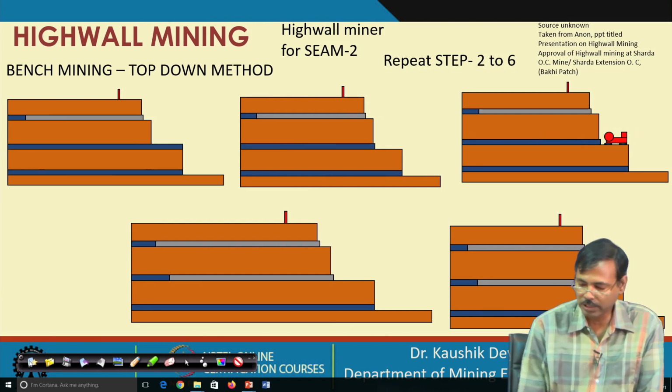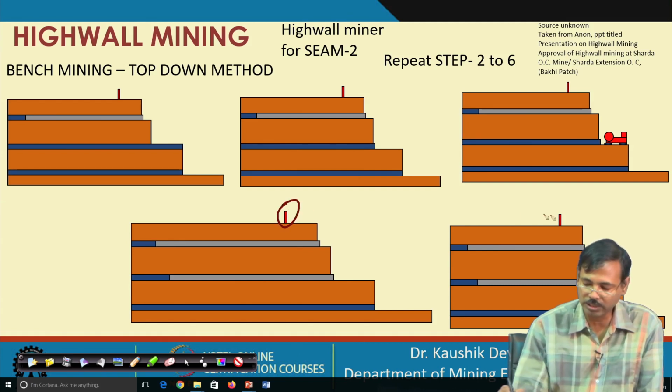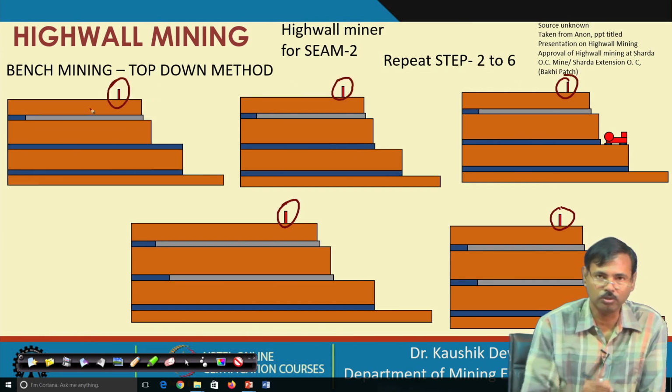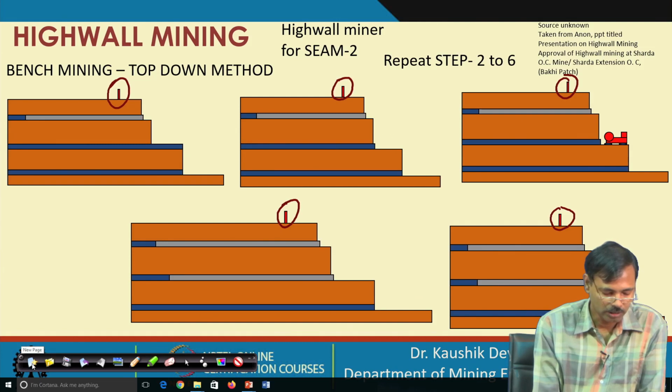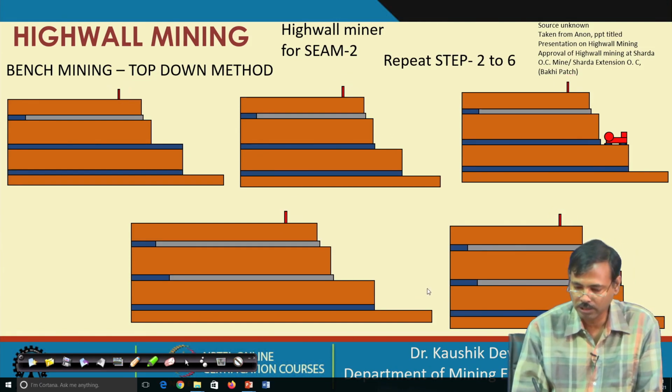And it is clear that despite multiple seams being excavated, the structure is steady enough and there is no stability issue. So, this is the benefit of high wall mining, and that is why it is adopted wholeheartedly in this case.